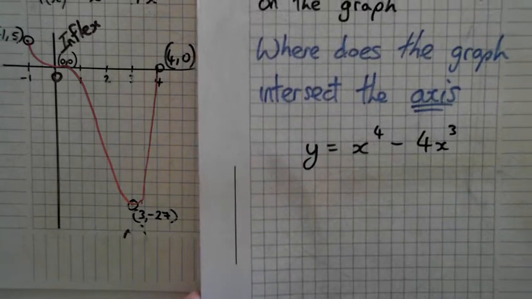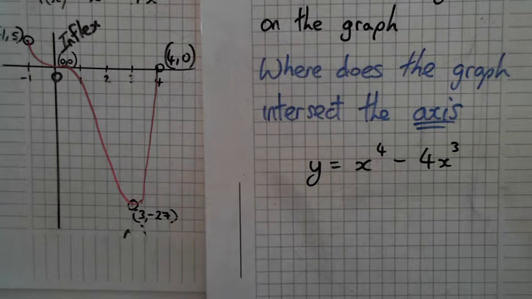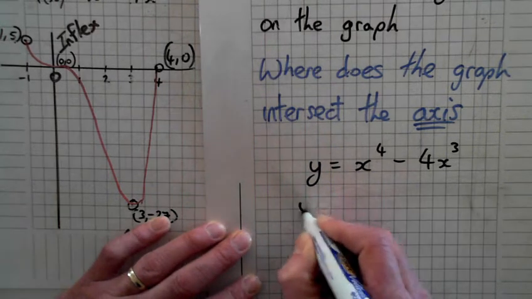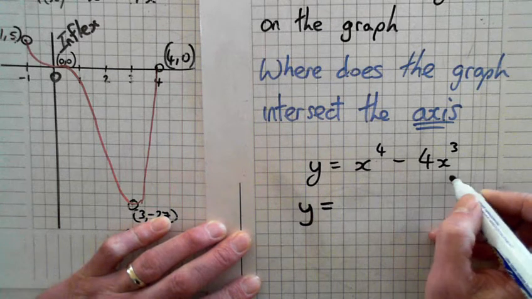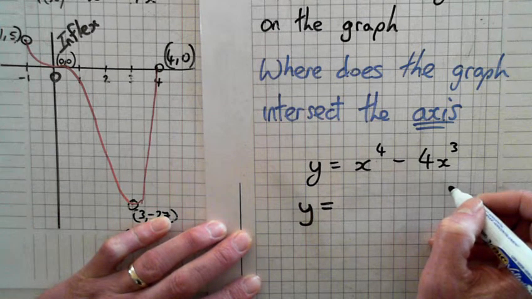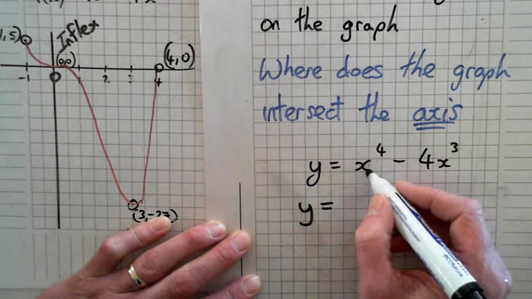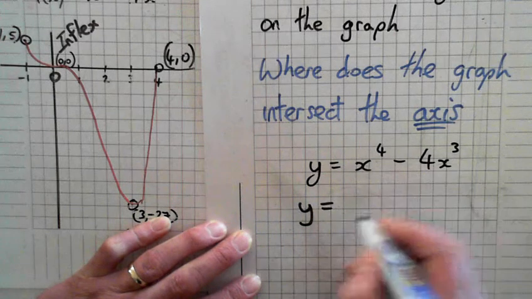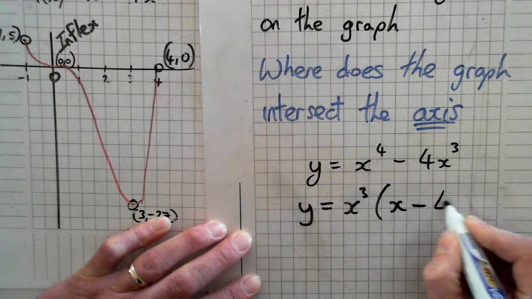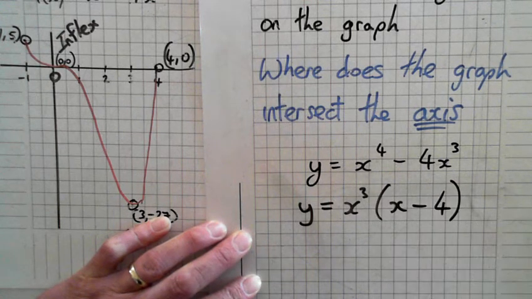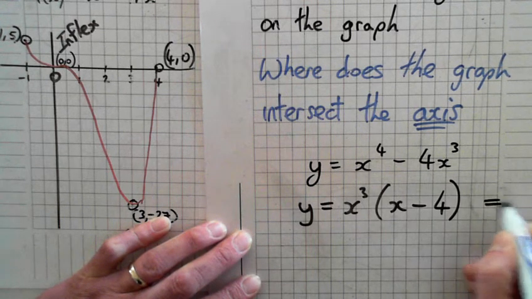So you use the original formula to find out where it intersects the x and y axes. So what can you take out of both sides? X cubed, and what are you left with? X minus 4.